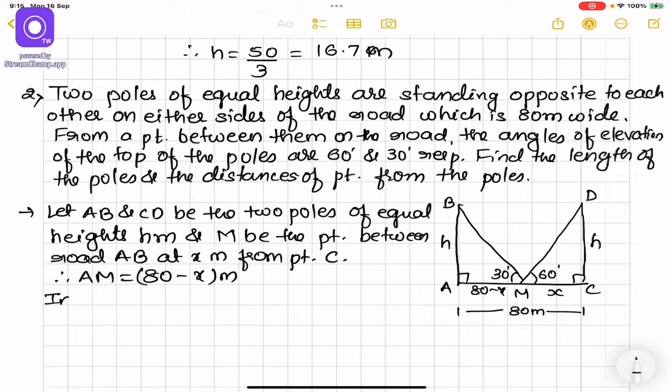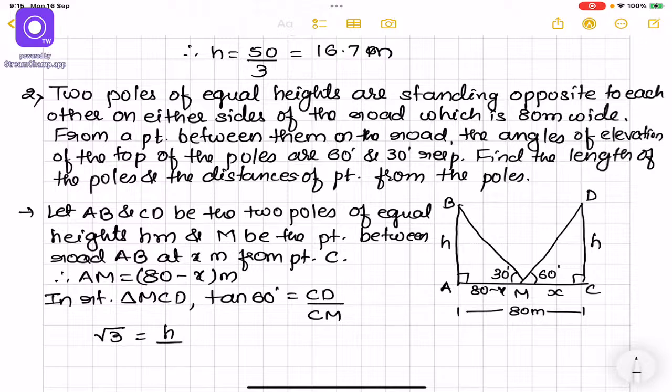So, now in right triangle MCD, tan 60 will be equal to CD upon CM. So tan 60 means root 3 equal to h by x. So therefore h equal to root 3 x. Let me give this as one equation.